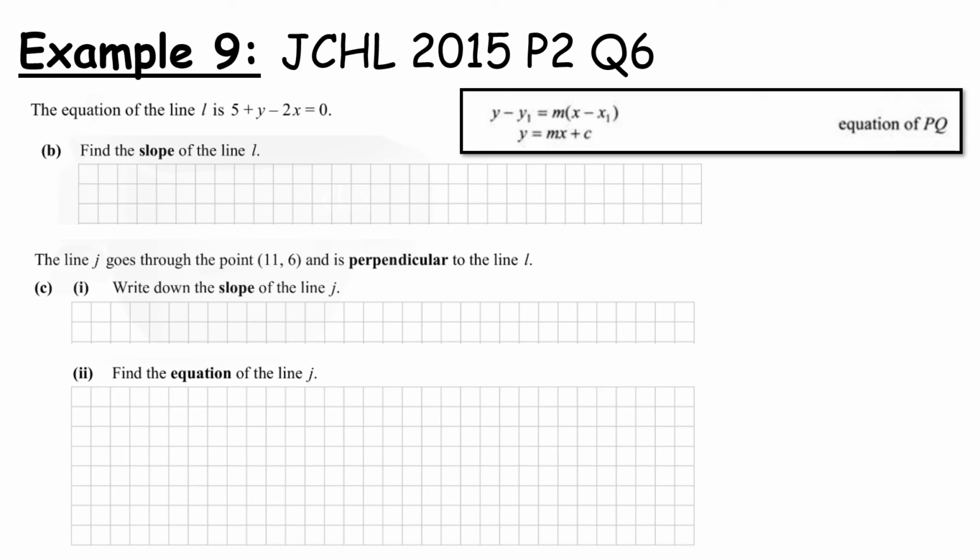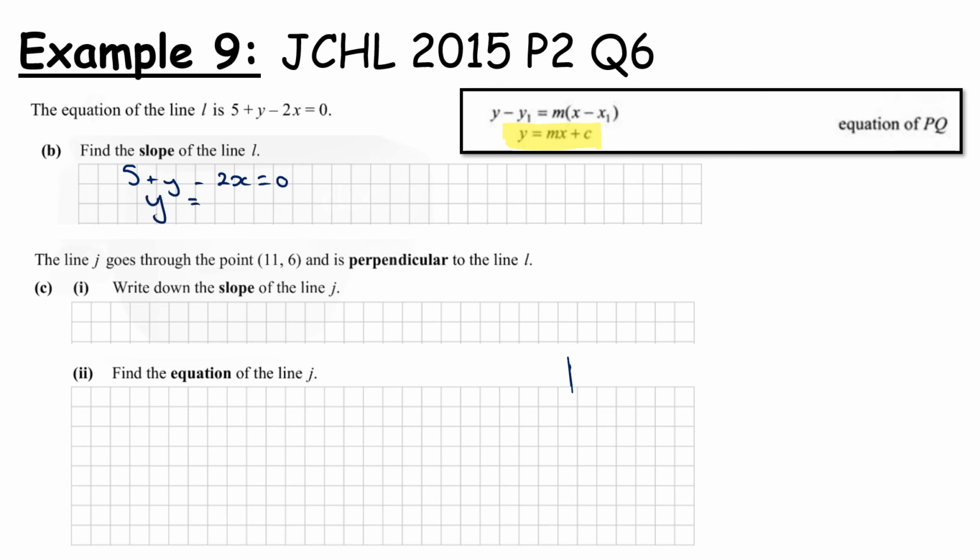So for our last example, let's put everything we've learned so far into practice. Find the slope of line L. So when they've given me the equation and I want to find the slope, I'm working with y equals mx plus c. So I have 5 plus y minus 2x equals 0. It's not in the form of y equals mx plus c, but I can rearrange it.